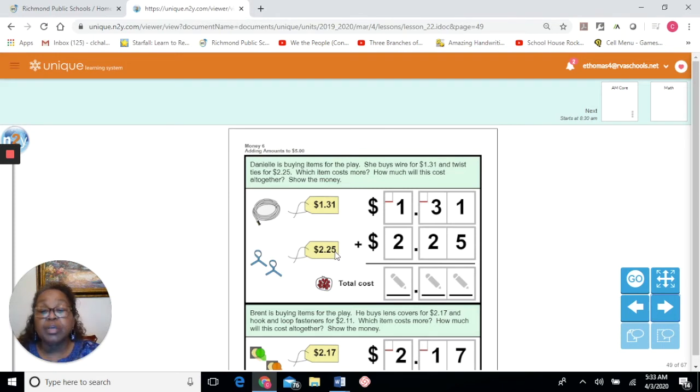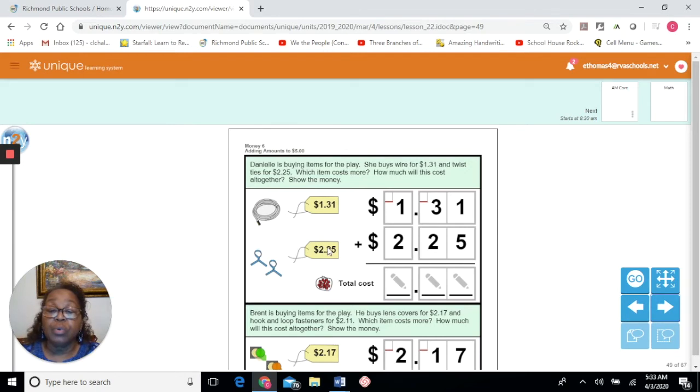This is easy because you always start with your dollar value place first to see which costs more. So this one costs $1. We don't even have to check the change right now. $1 versus $2. The $2 is more than the $1. So that's an easy question. Which item costs more? The twist ties.